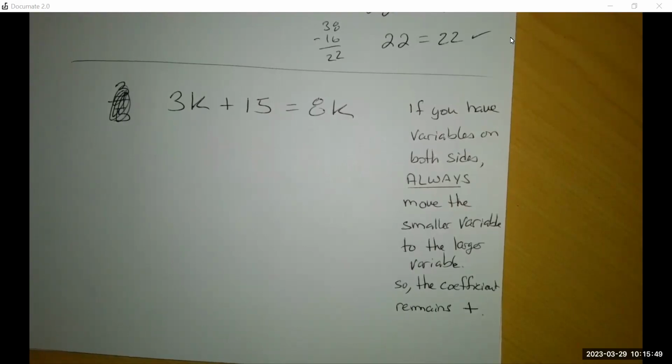The coefficient in front of the variable remains positive. If you move it the other way, you'll get a negative coefficient. And we'll look at that in a second.